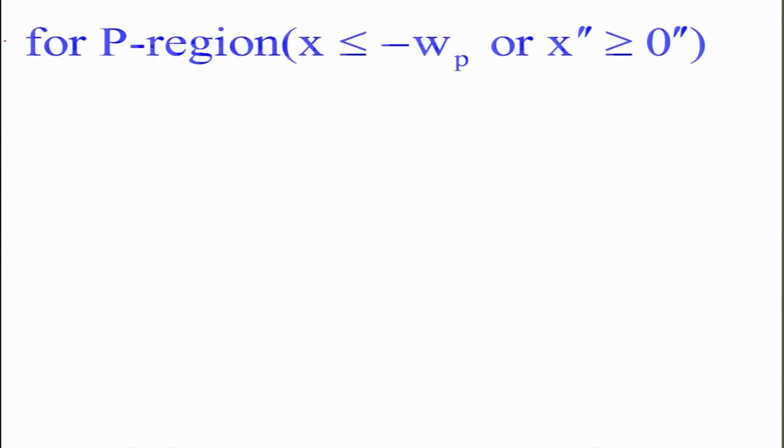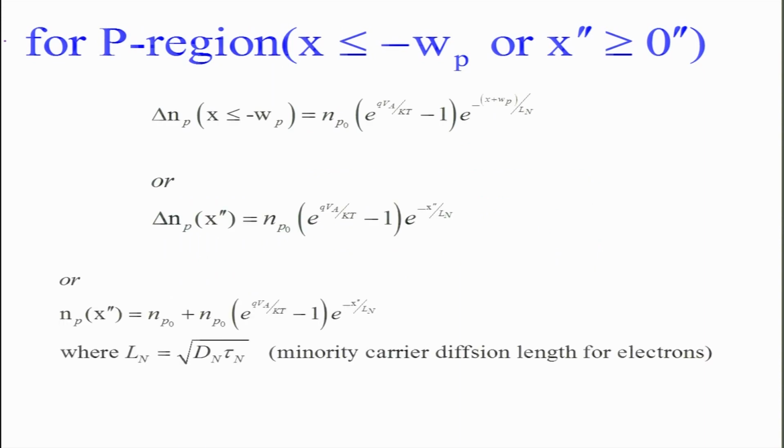Similar expression you get for the electrons. Again you need to first plug in the value of delta Np in terms of exponential qVa by kT in the diffusion equation, the continuity equation, and then you apply the boundary condition just like we applied in the case of holes.